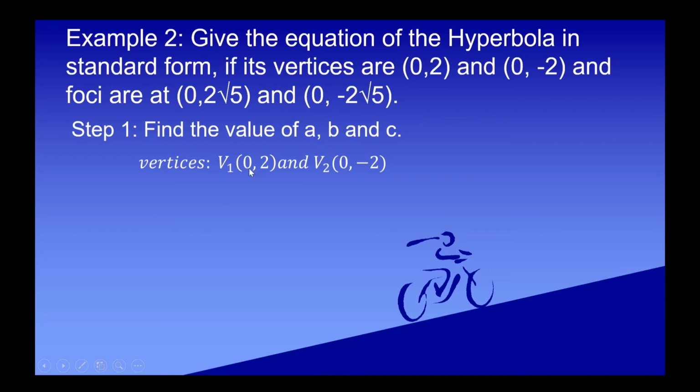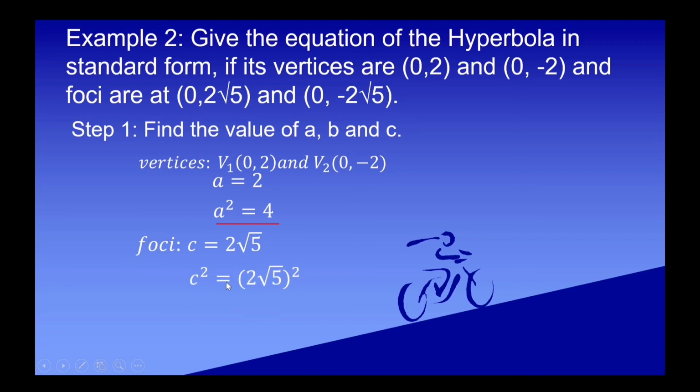Since we know the properties of vertices, our a is 2, then square both sides, so a squared is equal to 2 times 2, which is 4. So we have a squared equal to 4, and we have the foci, whose component c is equal to 2 square root of 5, which is given.